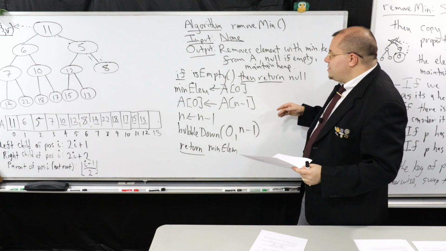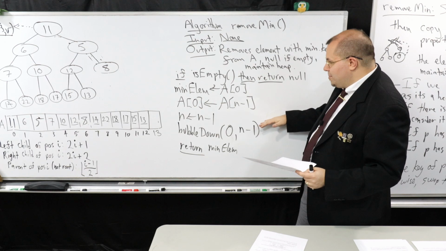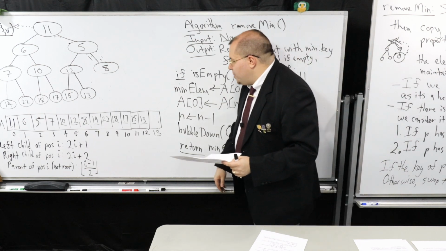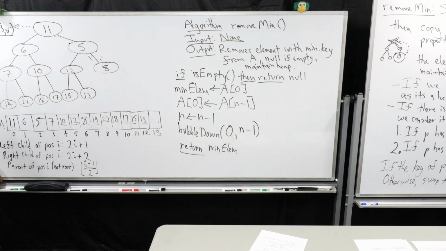So what do we need to do? I've done everything up to this point. I decrement my number of elements by 1. And now I have to do this bubble down process, so I have to be a bit careful. I have 11, and now I have 2 children here. So do I take 6 or 5? Somebody tell me, 6 or 5?